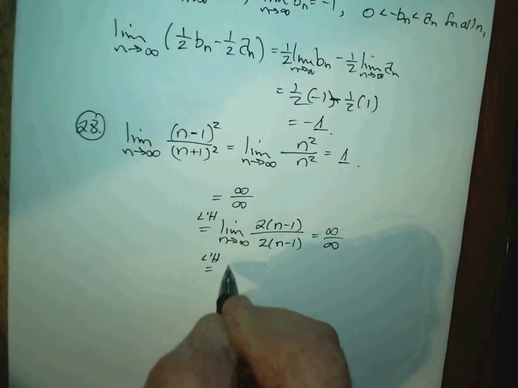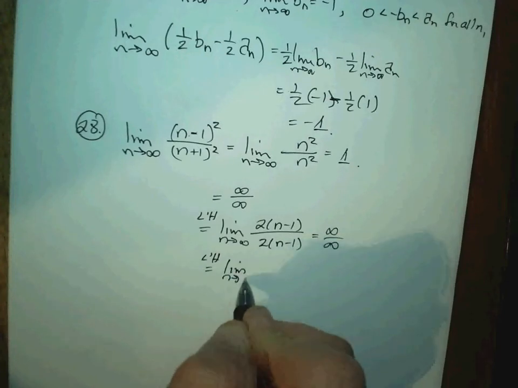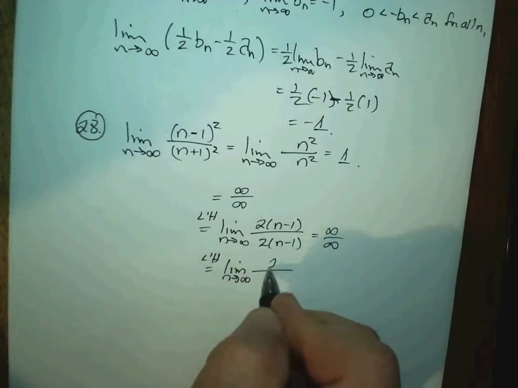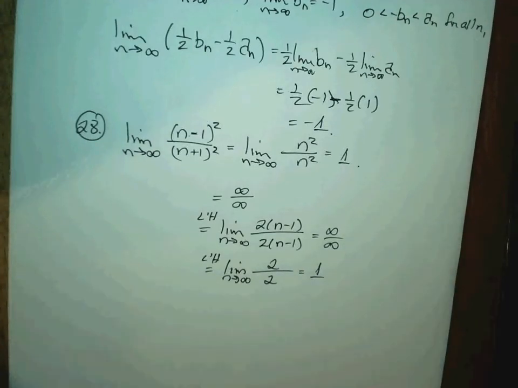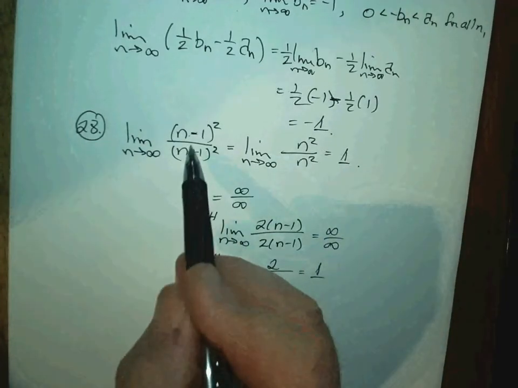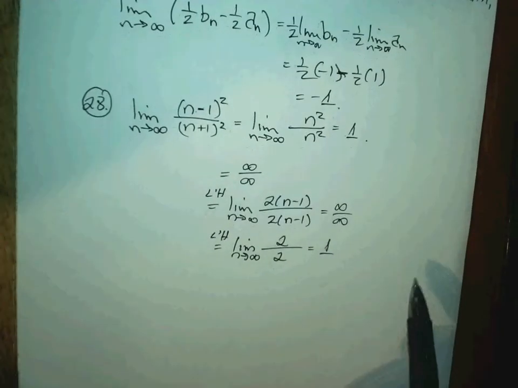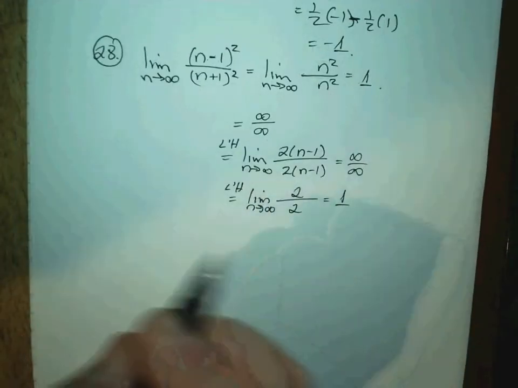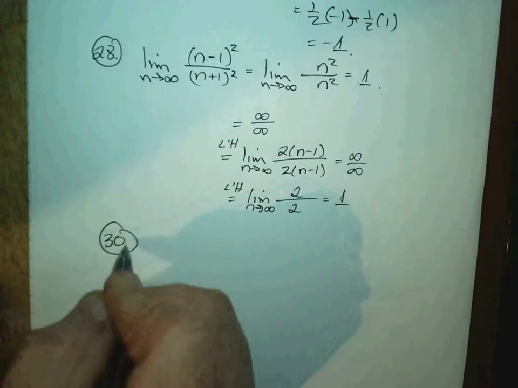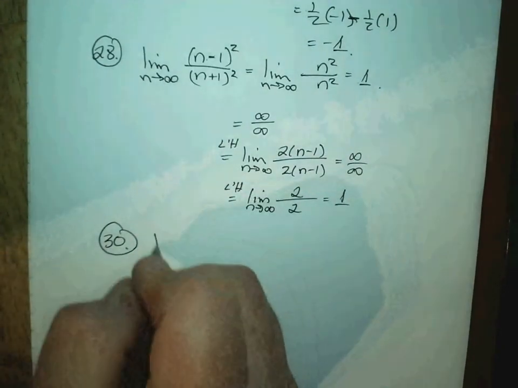Again, it's infinity over infinity, so you apply L'Hopital's rule again. The derivative of the top, the derivative of the bottom, 2 over 2 is 1, and the limit of 1 is 1. It's easier if you just throw away the non-dominant terms in this case, since your limit is going to infinity. All right, let's take a look at number 30.